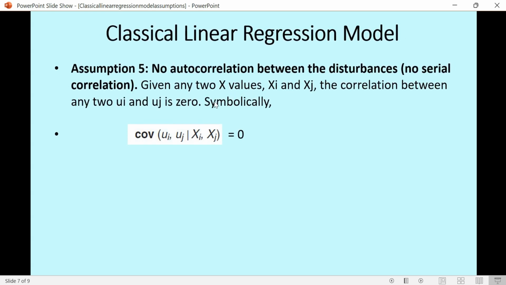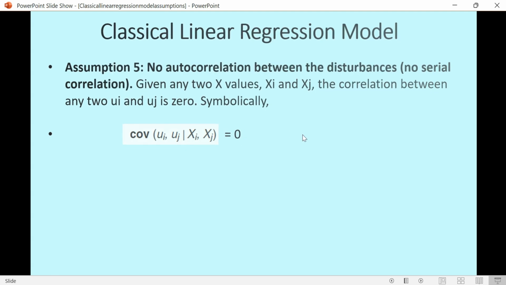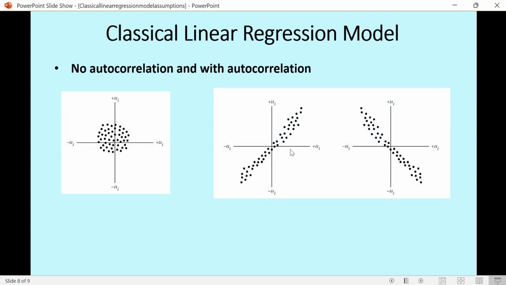Assumption 5 is no autocorrelation between the disturbances. Autocorrelation means that for different xi and xj values, given these two fixed values, their corresponding disturbances have no correlation. If we look at this figure, for example, ui and uj have correlation because when ui is positive, uj is also positive, and when ui is negative, uj is also negative.